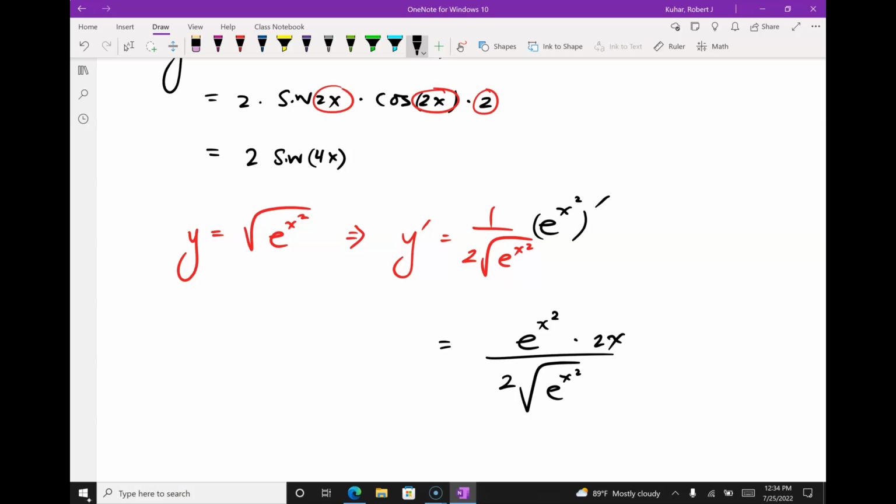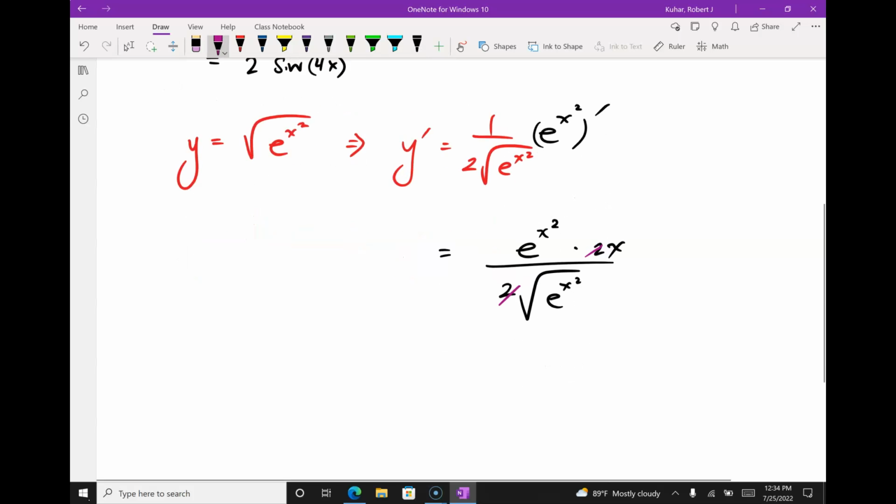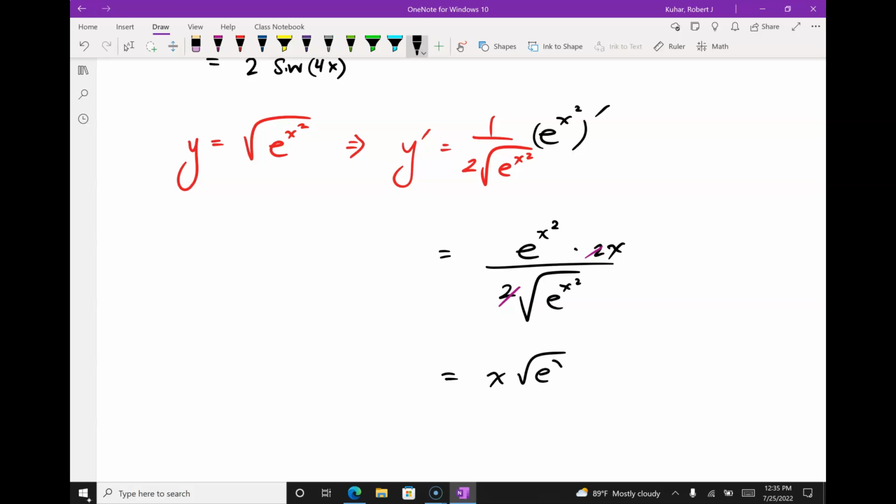Yep. And then my 2's cancel. And my e to the x squared cancels, so I just get x over, oh no. I get x over the square root of e to the x squared.